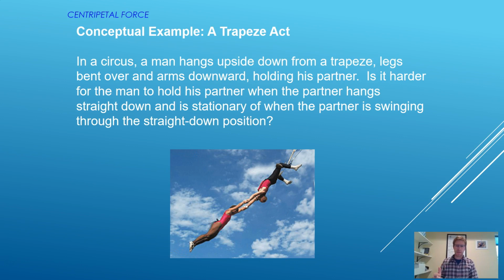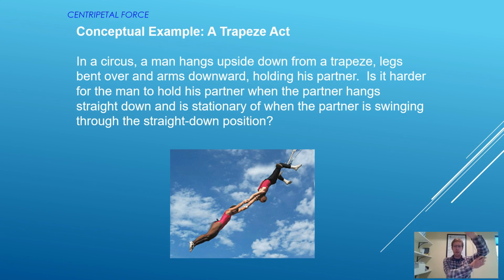Make your guess. Well, hopefully you said swinging. Swinging is when it's going to be more difficult. Why, you might ask? Because in both situations, whether swinging or stationary, his arms must support the weight of the person hanging there. But when swinging, at that lower position, the person also has an upward needed centripetal force.